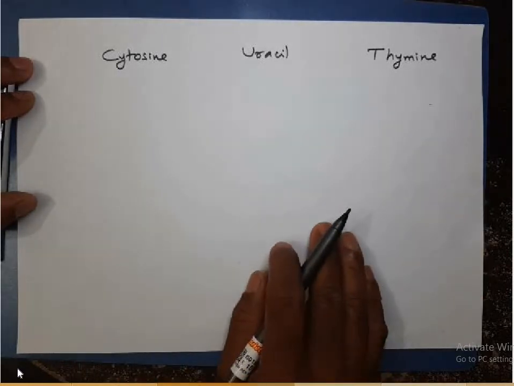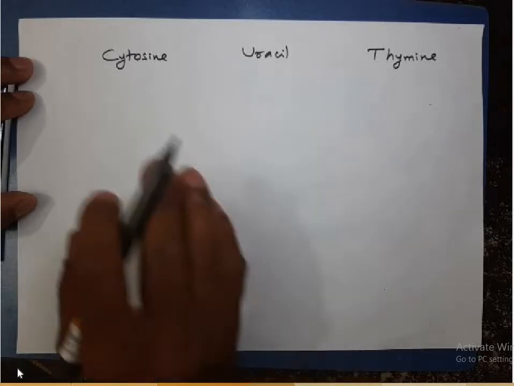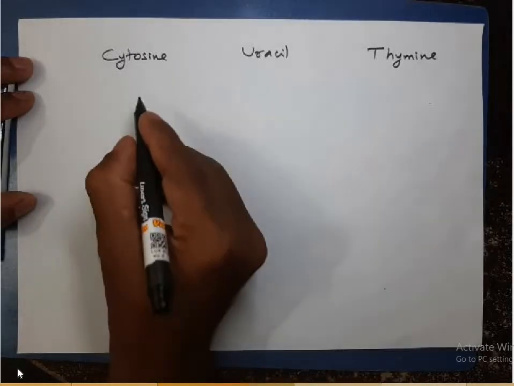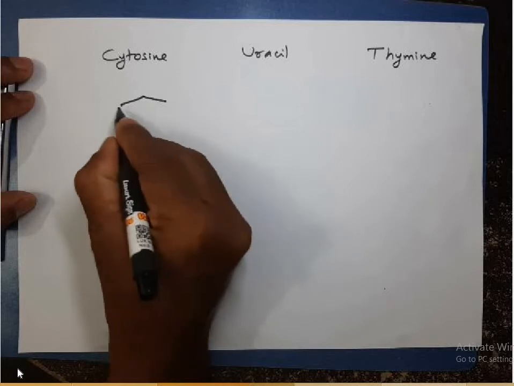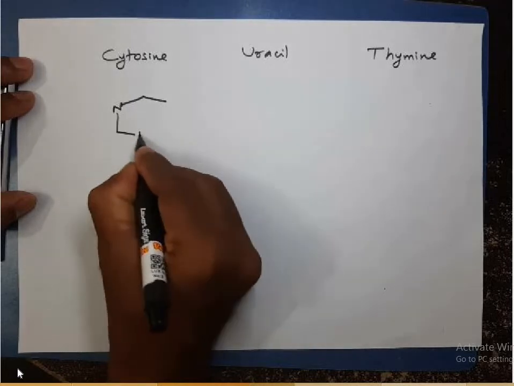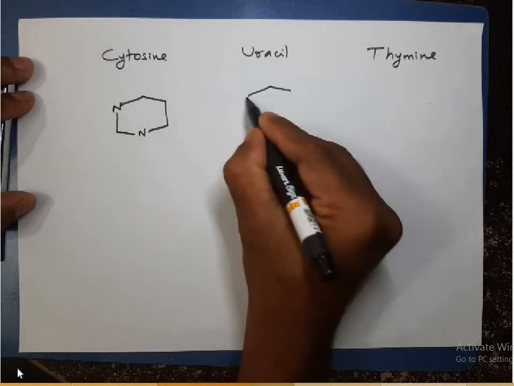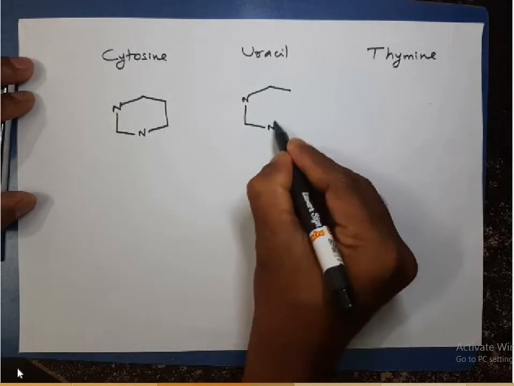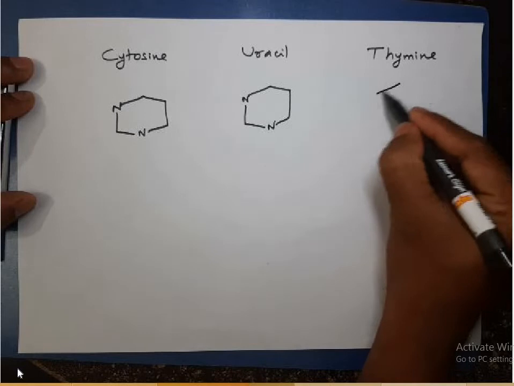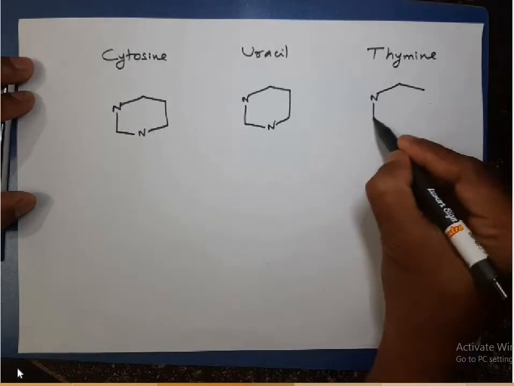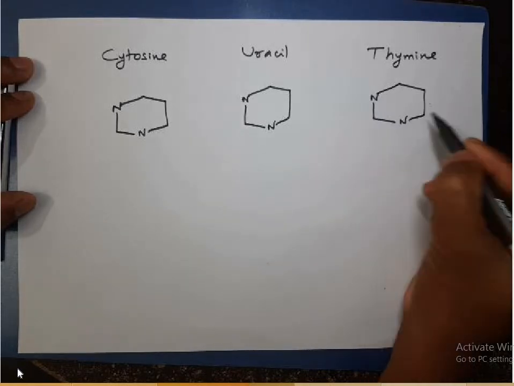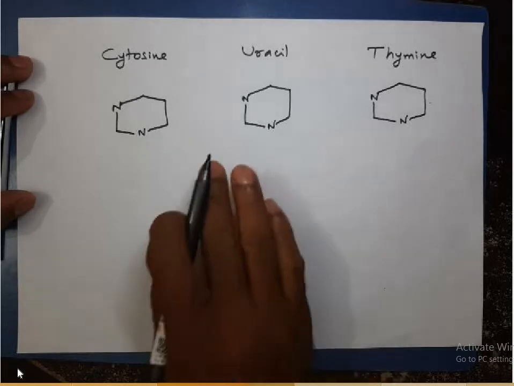In these pyrimidine bases, what is the common structure? Common structure is this. See, students, observe carefully. Nitrogen, nitrogen, 6-membered ring. Similarly here, nitrogen, nitrogen, 6-membered ring. Here also nitrogen, nitrogen and 6-membered ring. This is common.